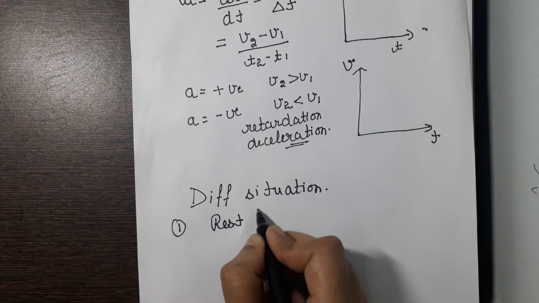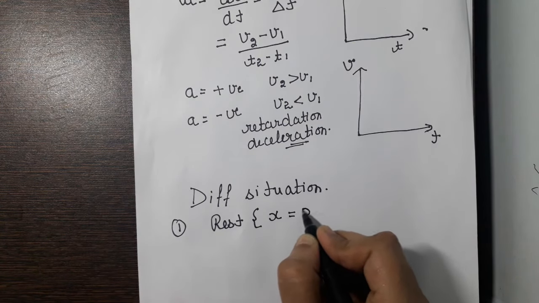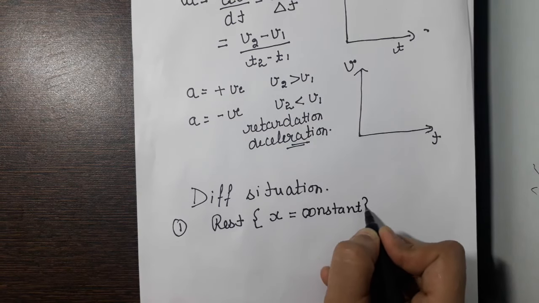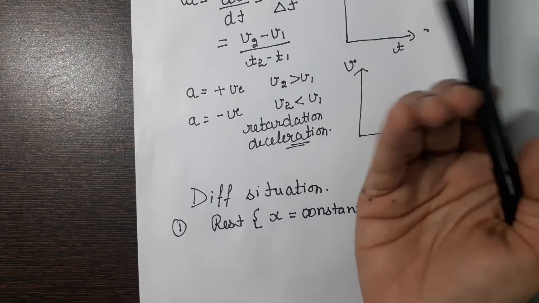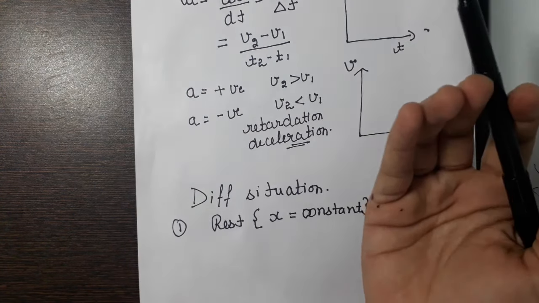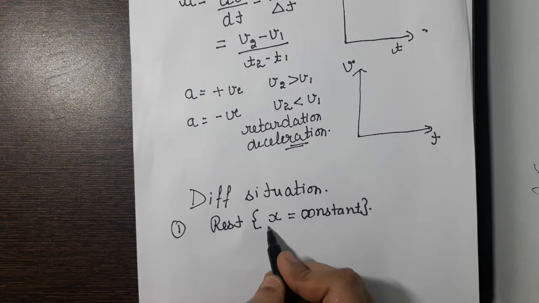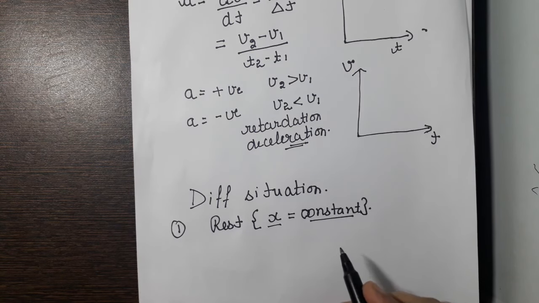Body will be at rest when x is constant. When x is not changing, that is position is not changing, then we will say that body is at rest, that body is not moving. So x will be constant in position time graph when body is at rest.